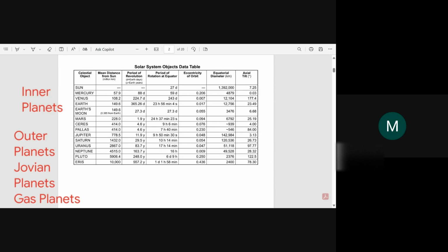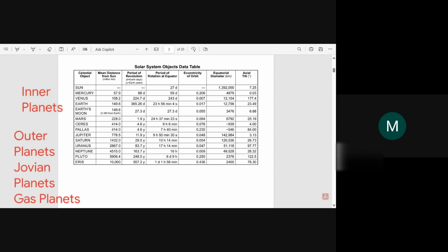Now, the next column has the mean distance from the sun in millions of kilometers. As you go further down the list of planets, the mean distance from the sun increases.